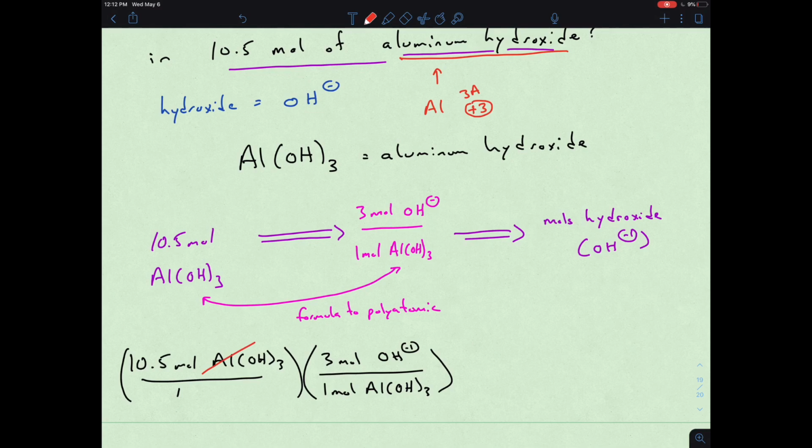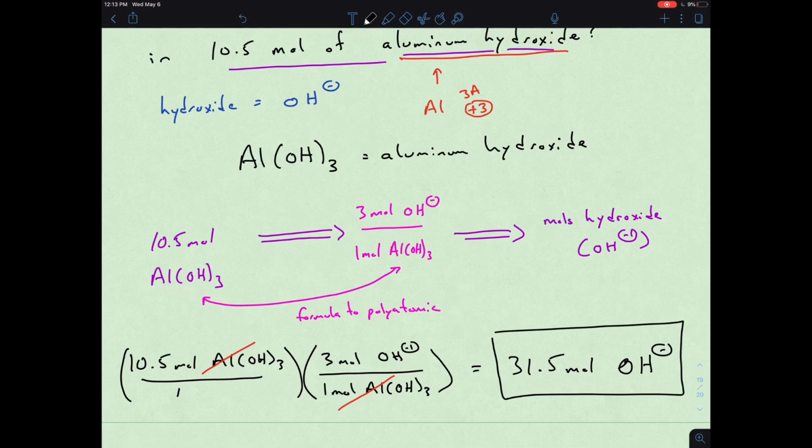So there's our aluminum hydroxide canceling out. And that gives us our answer of 31.5 moles of hydroxide. So there's the introductory type conversion.